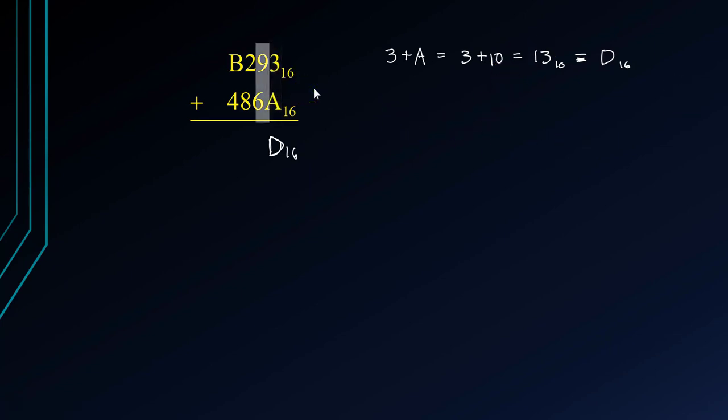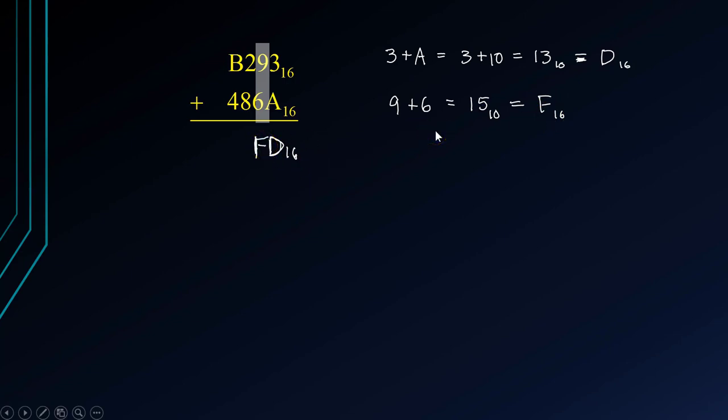I then move to the next column. 9 plus 6. 9 plus 6 is 15 in a base 10 system. But 15 is still less than the base. So there's actually a digit that has a value of 15, and that corresponds to F. So I'm going to write an F here.